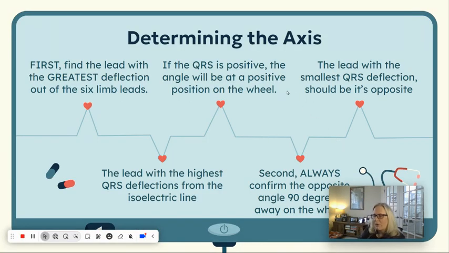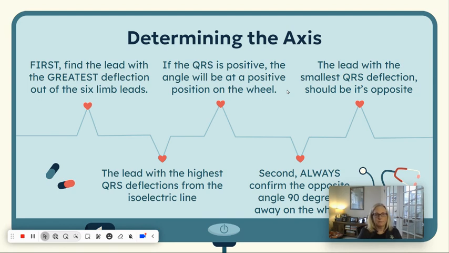So how do we determine heart axis? This is kind of like the step-by-step version of that, okay? So first, of those 6 leads, so we have leads 1, 2, 3, AVR, AVL, and AVF, those first 6 on the left-hand side of your EKG, you're going to find the lead with the greatest deflection, so the largest QRS, one that has a really tall QRS.